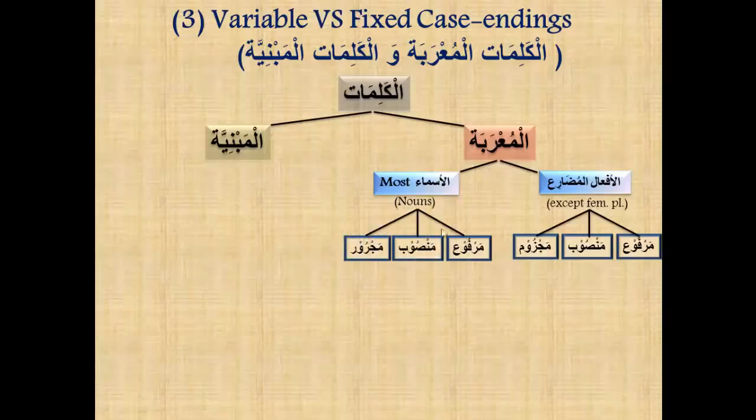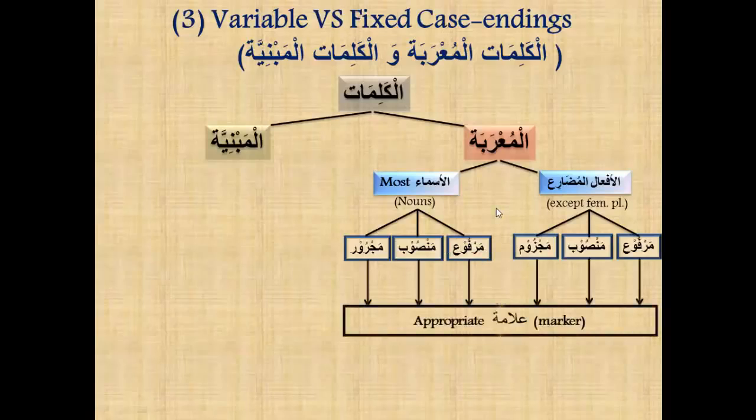So notice how the marfu' and the mansub are shared between verbs and nouns, but we have the majzoom, which is unique to the present tense verb, and the majrur, which is unique to the ism. And we'll talk about this in much more detail later. Depending on the case, we have a unique and appropriate marker for the word, alama. So each of these cases will take an appropriate alama.